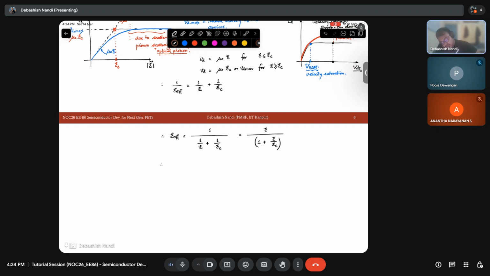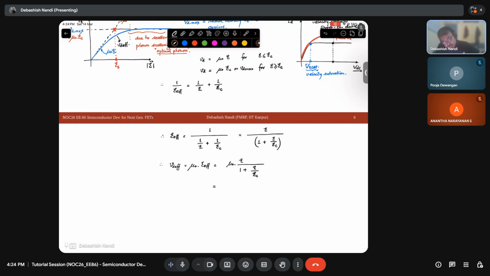Now you need to find VD effective, that is this line, mu 0 E effective. What will be that? Mu 0 E over 1 plus E by EC.